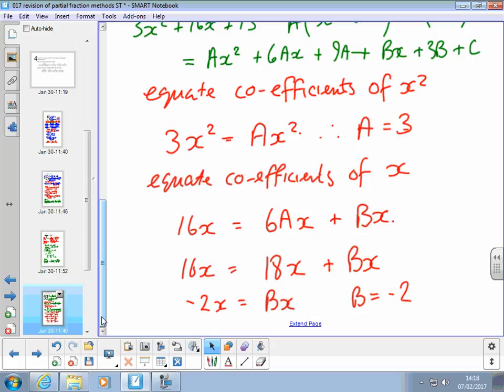Here I've said equate the coefficients, but I've actually written the x terms in. We don't actually need to do that. We could write here 16 is equal to 6A + B, because it's the coefficients that equate. I've just done that to show you where it comes from.